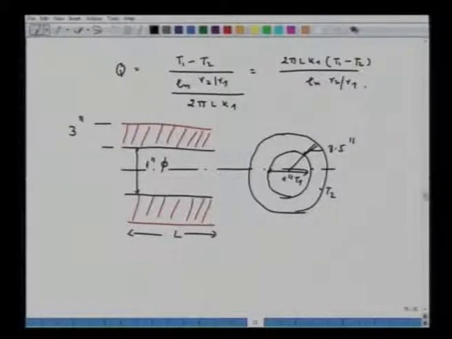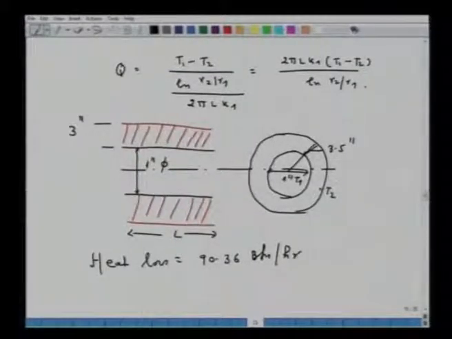All that you can substitute, and the heat loss will be equal to 90.36 BTU per hour, which will be equal to 26.43 watt per running feet.